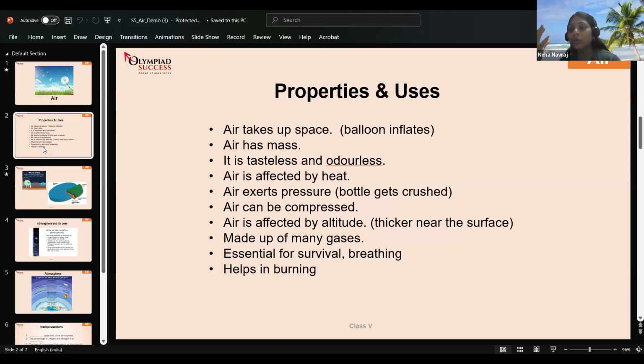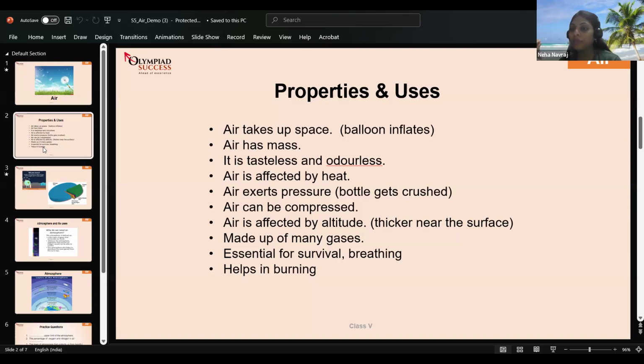But in terms of chemistry, we say that the entire room is filled with air. And that's the reason you are alive, because air contains various gases, and the very vital gas for your survival is oxygen.